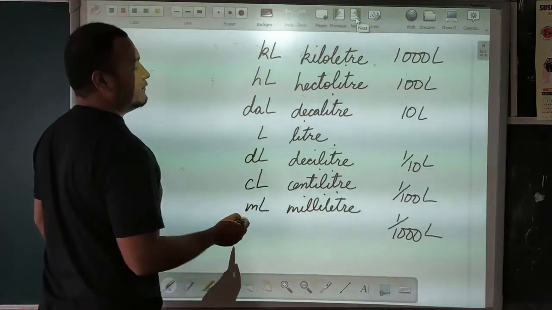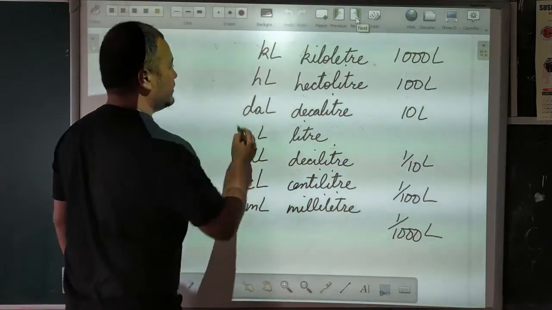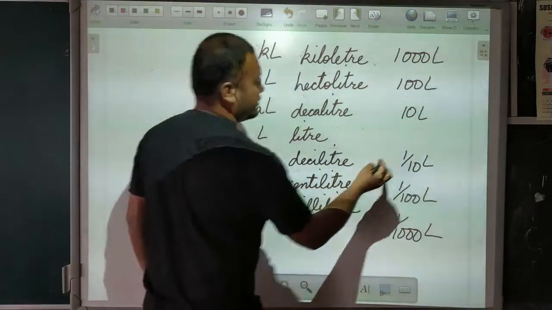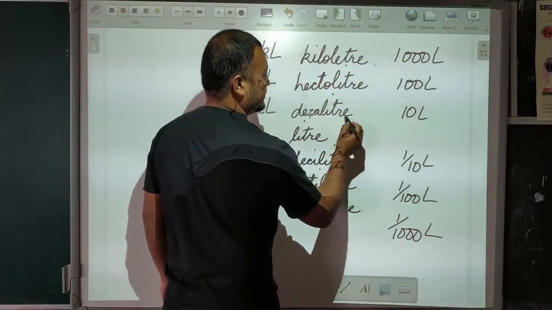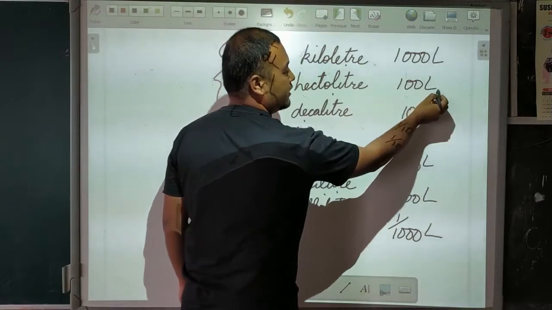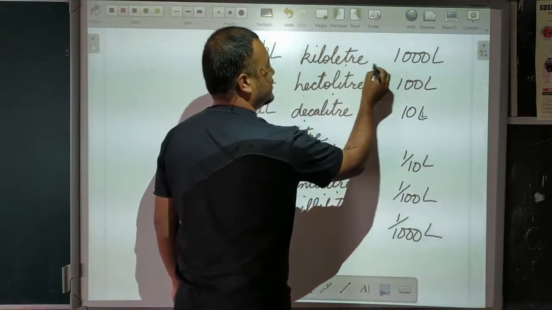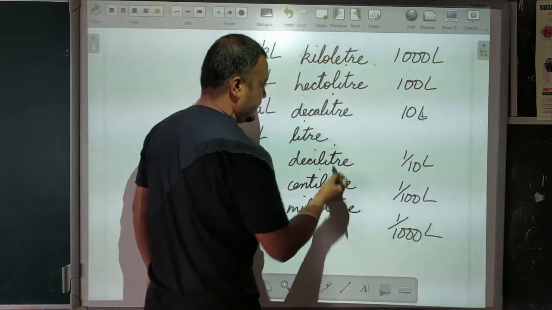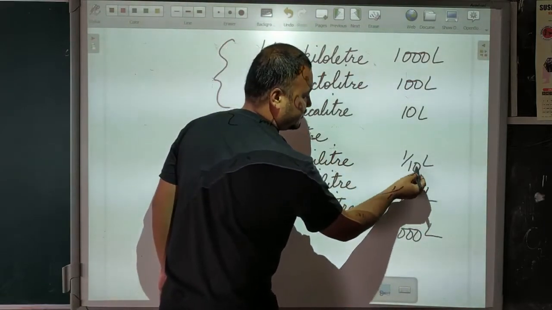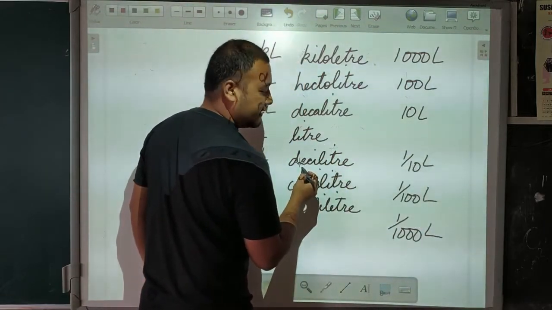In the same way, again for liter, these are your higher units and these are your smaller units. So again, 1 decaliter is equal to 10 liters. 1 hectoliter is equal to 100 liters and 1 kiloliter is equal to 1000 liters. And the lower units, if you divide a liter into 10 equal parts, each part is equal to 1 deciliter.